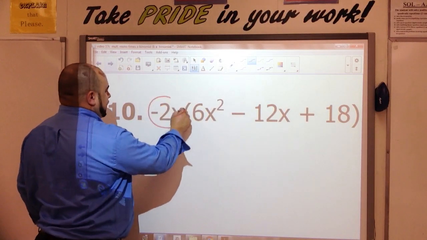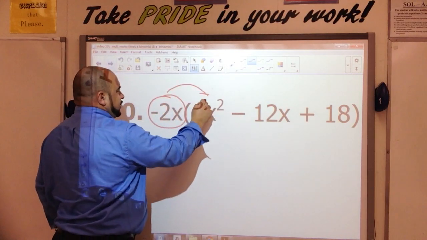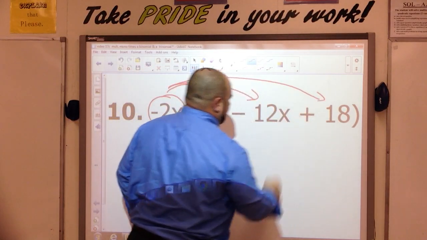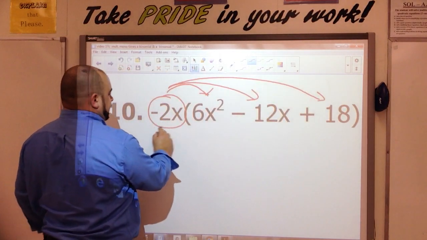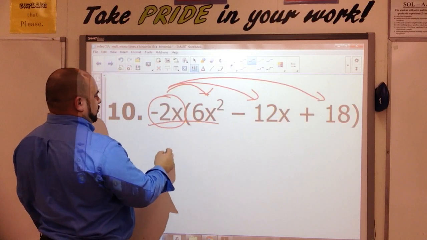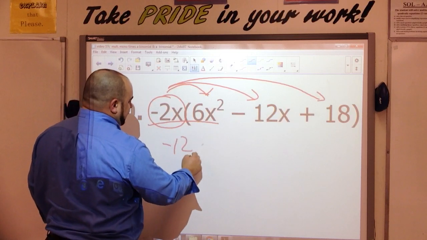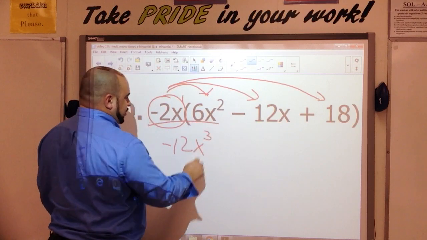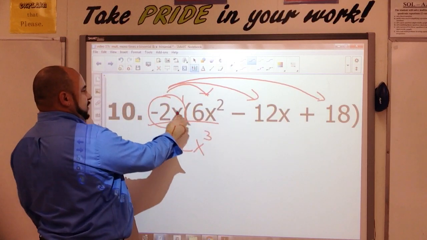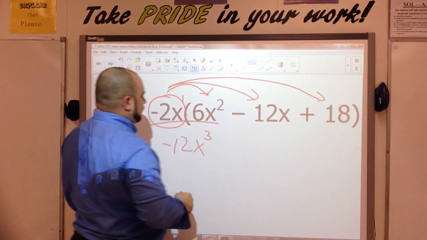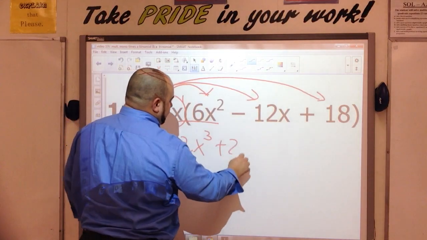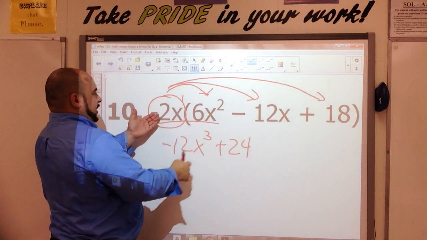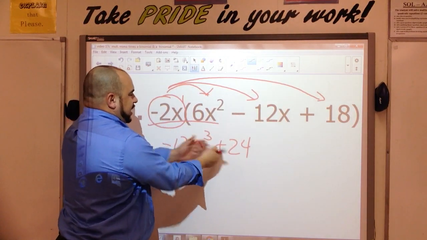So let's look at number 10 now. You have negative 2x, and again, you're distributing to 3 different terms inside the parentheses. So negative 2x times 6x squared is negative 12x cubed, because 1 plus 2 is 3. Negative 2x times negative 12x is positive 24, because 2 times 12 is 24, and a negative times a negative makes a positive.